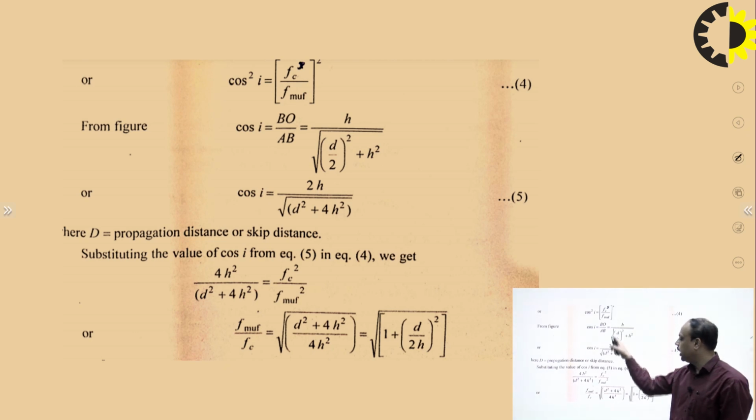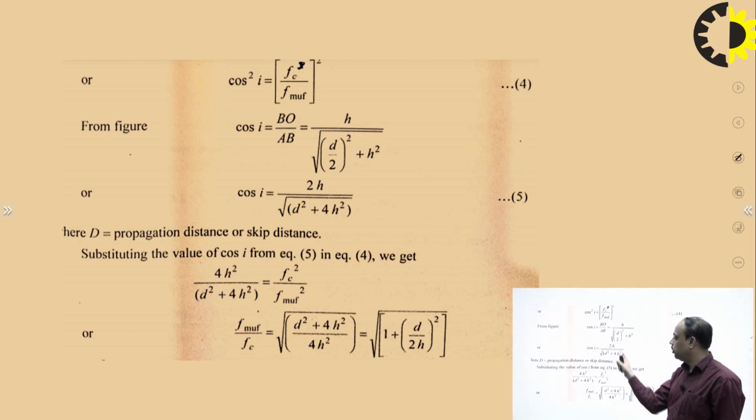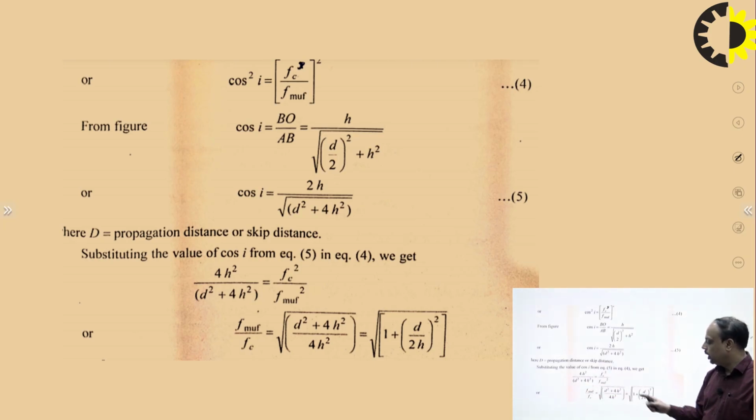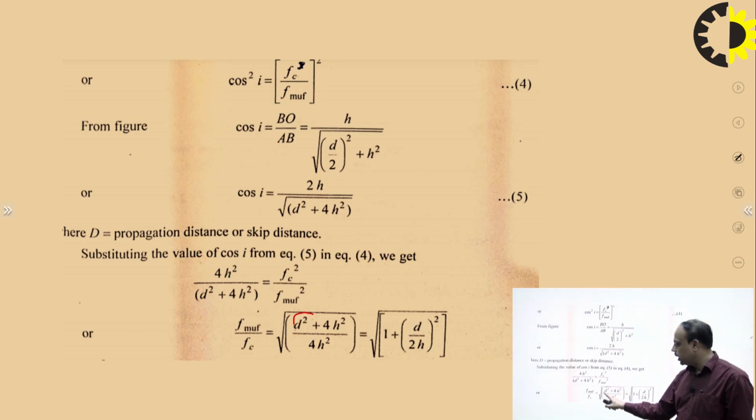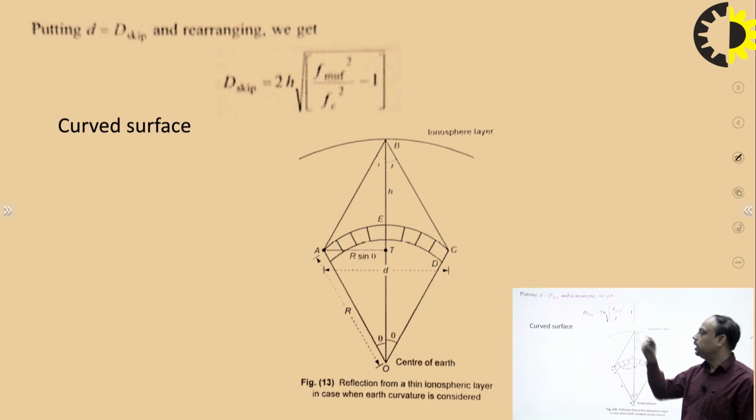Or if we adjust this term, sin I is equal to 2H over the square root of D squared plus 4H squared. So if we compare these two formulas, then we have this equation, and now we can easily calculate MUF, or even D, which is nothing but the escape distance for the flat earth. So you can also calculate the escape distance D for the flat earth, and the escape distance is equal to twice of H.